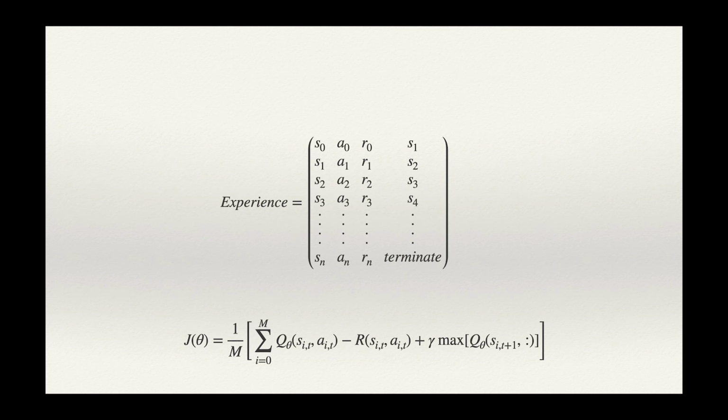So we need the experience, and the experience, as we said before, is basically a matrix where we have the important parameters, and then along the memory, so long experience. It's also called replay memory, and the cost is the mean square, or the average of the cost along all the samples here.